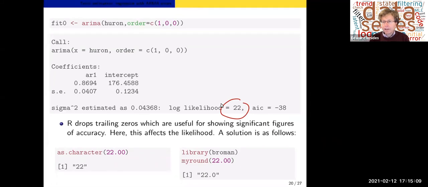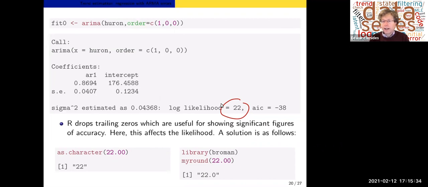Does it only think it's accurate to zero significant figures, for example? Well, what's really going on here is that R drops trailing zeros. And that's kind of a problem because, as a good applied statistician, the trailing zeros are a statement of numerical accuracy. And so you don't want to remove them.